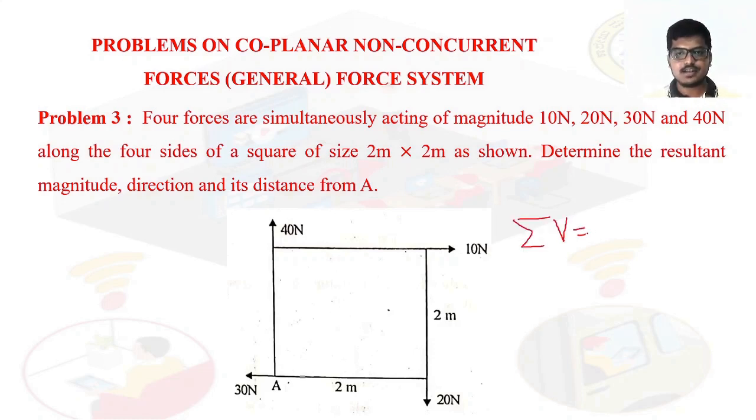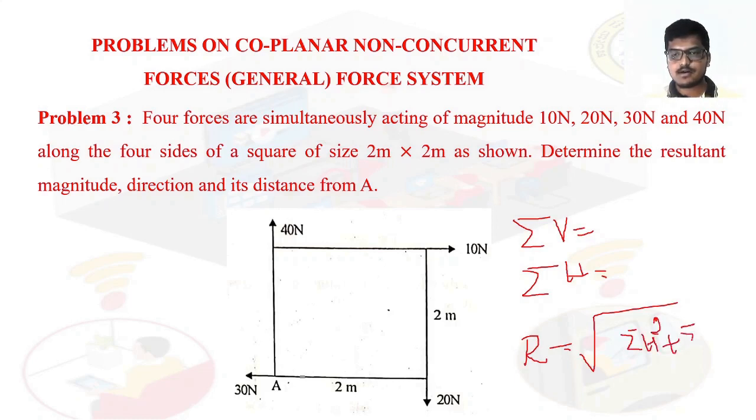That is sigma V we have to calculate. Sigma H we have to calculate. Then resultant is equal to what? Sigma H square plus sigma V square. Then we will get the resultant value, and again we have to consider the resultant direction depending upon the sign convention, that is whether it is positive or negative.